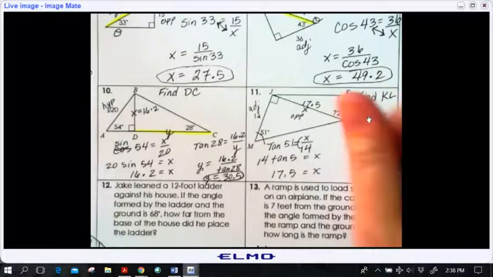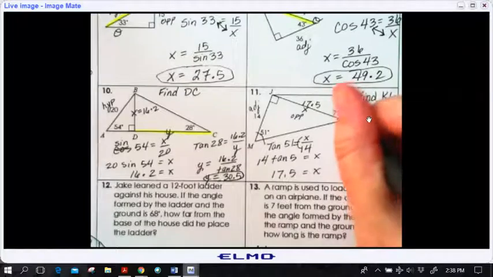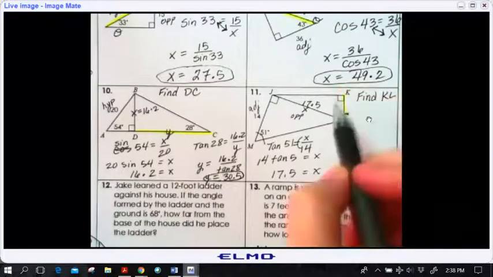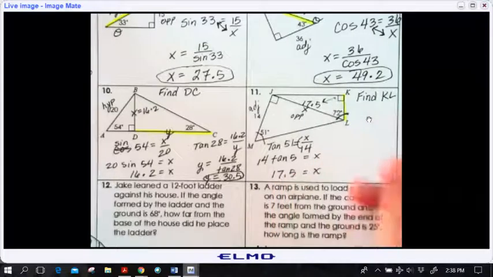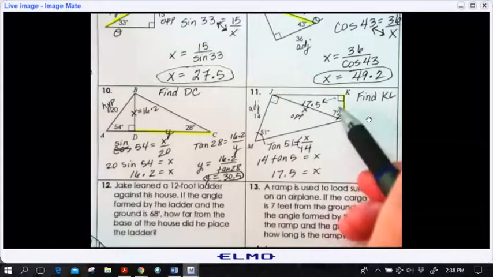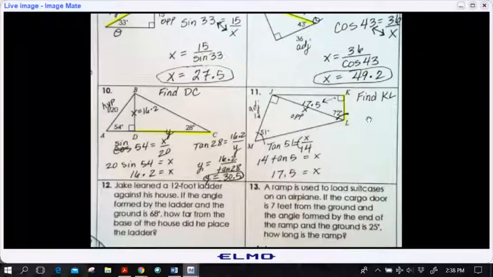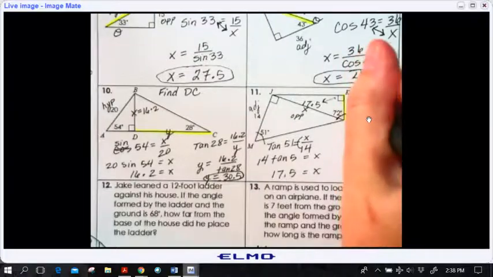I know that I'm working with this 72-degree angle now, and 17.5 is the hypotenuse of this smaller triangle. So what is the side that they're asking me to find? This is the adjacent side.